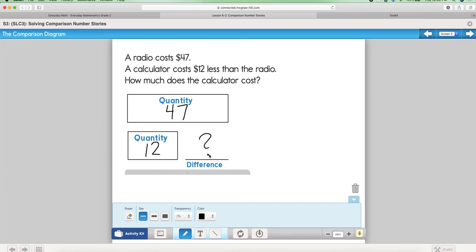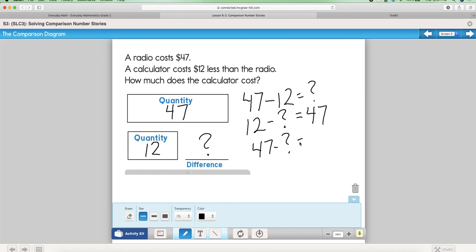Okay? So I can solve this in a couple different ways. I could start at 47 and I could count back 12 till I get to my difference. I could start at 12 and count up until I get to 47 and figure out what my difference is. I could start at 47 and I could count back a mystery number till I get to 12.